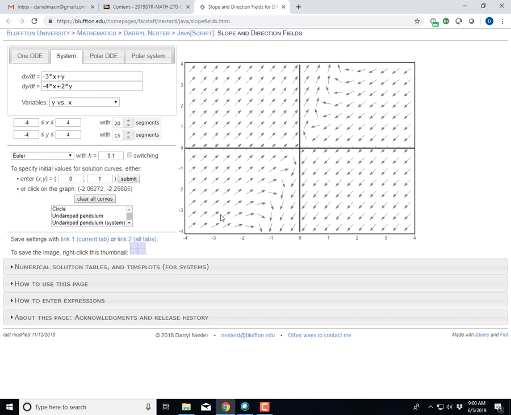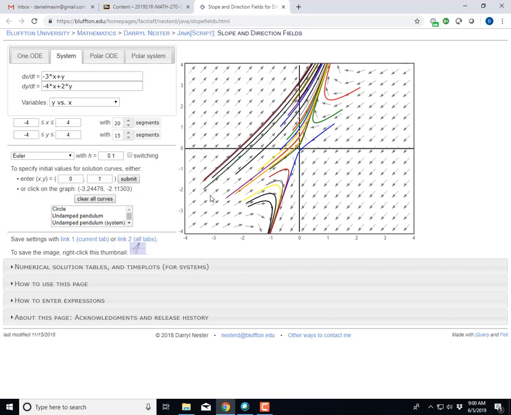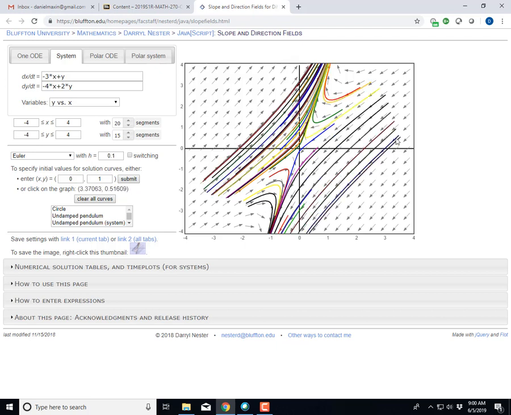The eigenvectors are here and here. In between, solutions for a while approach 0, 0, and then move away from it. They approach 0 along the eigenvector corresponding to the negative eigenvalue, which is this one right here, where the arrows point inward towards 0. So that's the saddle, a positive and a negative eigenvalue.